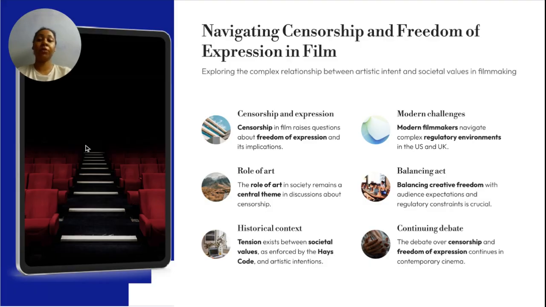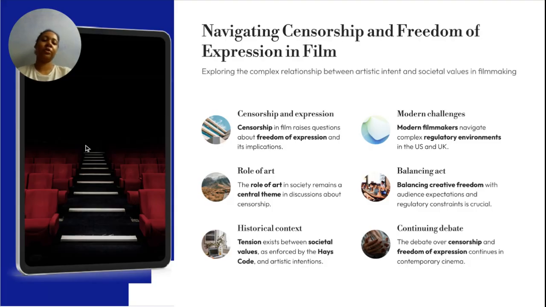Even though it no longer exists, it still has an impact in certain ways, because some people are from certain backgrounds, like religious or cultural backgrounds, that won't support certain things.